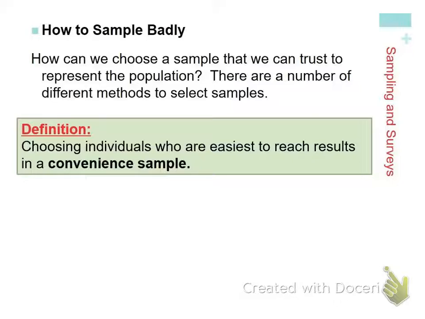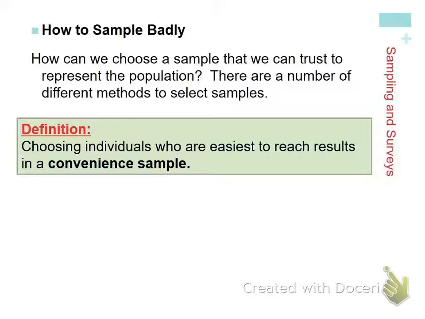There's a convenience sample, right? A convenience sample just means you're going to ask the people that are the closest to you, right? So say you want to survey the school on their thoughts on homework, right? And you decide you're just going to ask all of your classmates that are sitting in class with you right now. That would be a convenience sample.